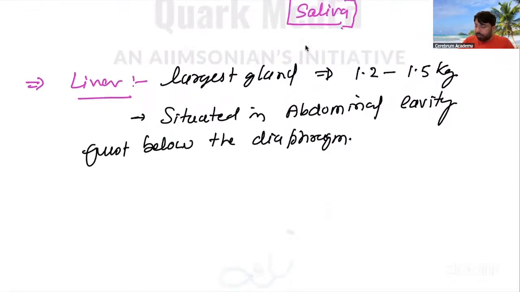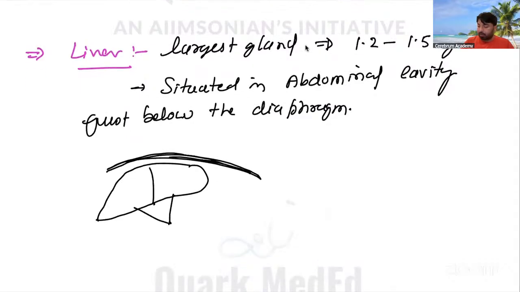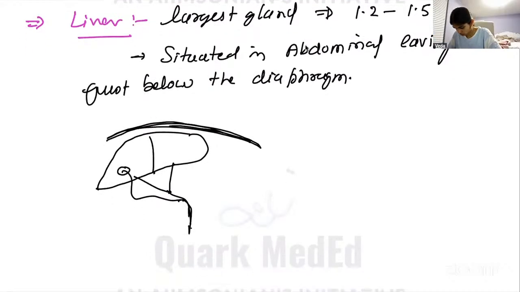We have already discussed a little bit about the liver, like it is divided into two parts, left and right. Then there are two hepatic ducts coming from it, then the cystic duct is connected to this, and all the way to the pancreas. Then the pancreatic duct will be connected to this one.